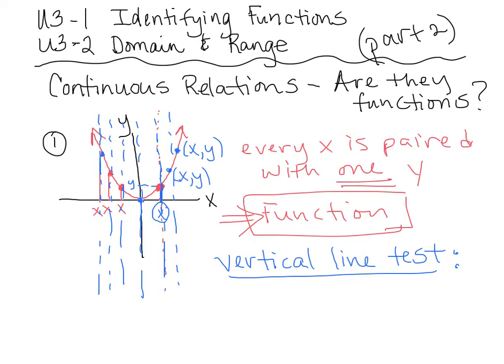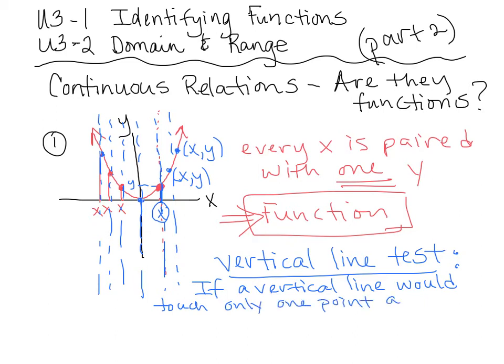So we could say if a vertical line would touch only one point at a time, the graph is a function. But you have to look at all points. So think of scanning that vertical line across your graph. If it would only touch one point at a time, the graph is a function. Okay, let's go ahead and look at another example.